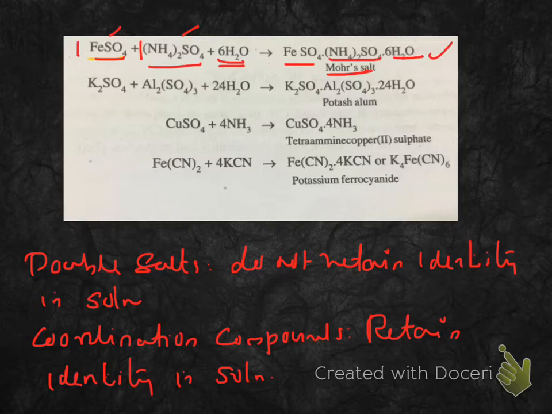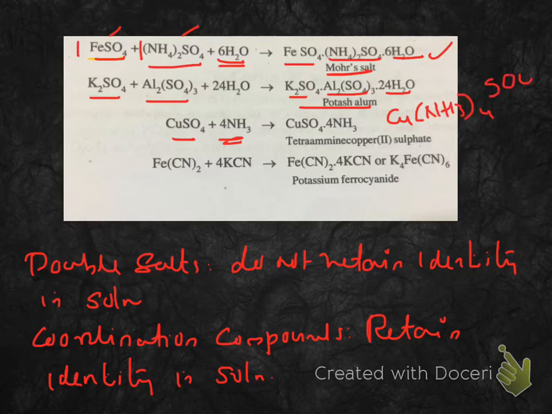Similarly, two other stable compounds, potassium sulfate and aluminum sulfate, can be dissolved in water, and on standing they will crystallize out as potash alum, K2SO4·Al2(SO4)3·24H2O. Third, copper sulfate, a stable compound, reacts with another stable compound, ammonia, in the ratio 1:4 to form CuSO4·4NH3.